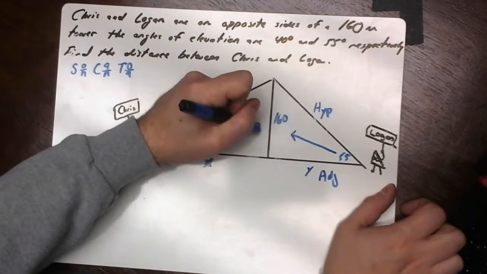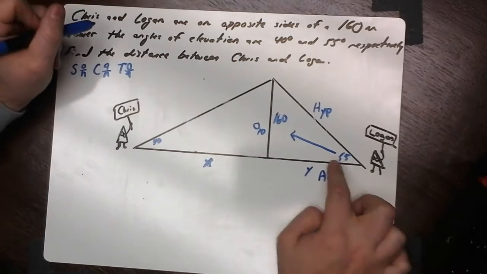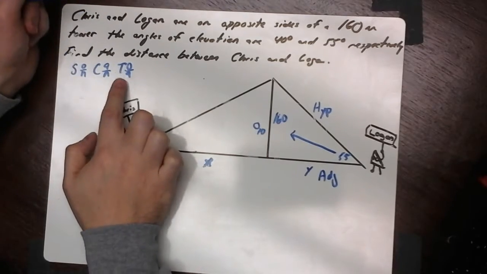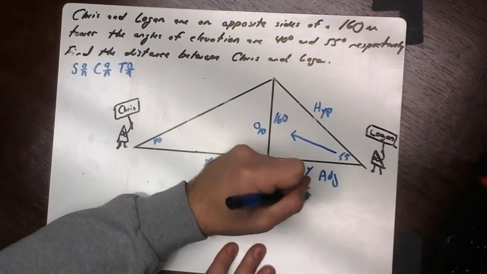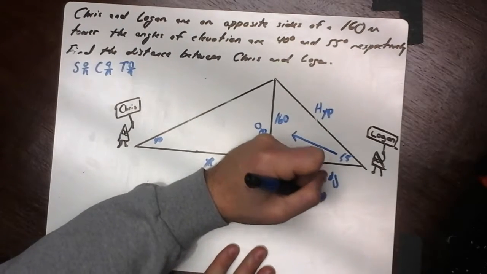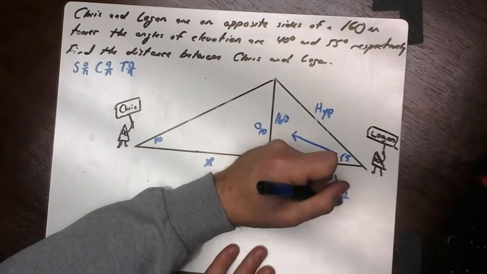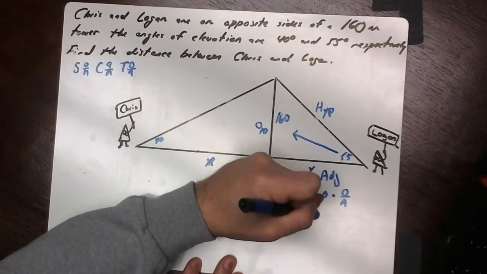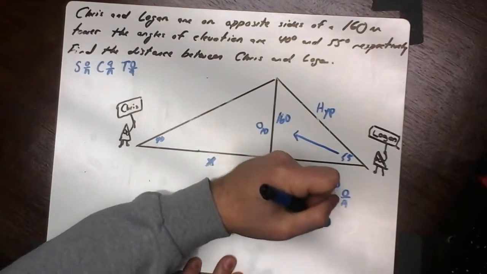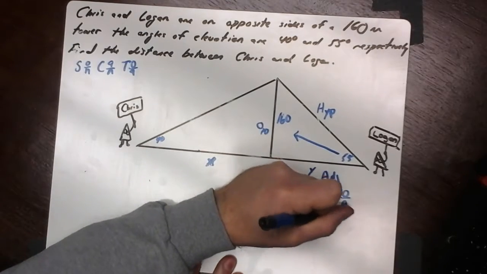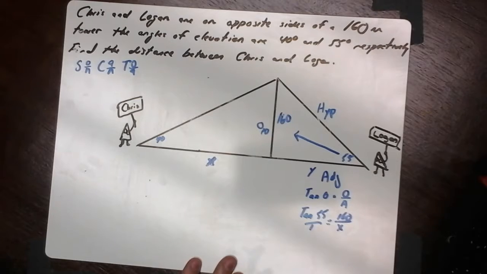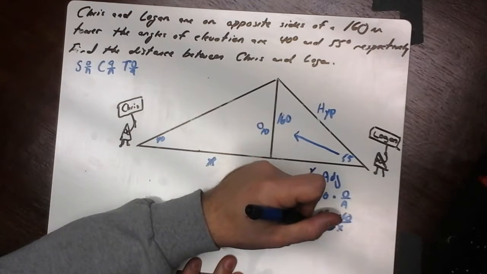Okay. Well, they gave me the opposite leg and want me to find adjacent, so I'm going to use tangent. So tangent theta is equal to O over A. Let's plug into that. Tangent 55 over 1 is equal to 160 over x. Now I'm going to cross multiply and solve.